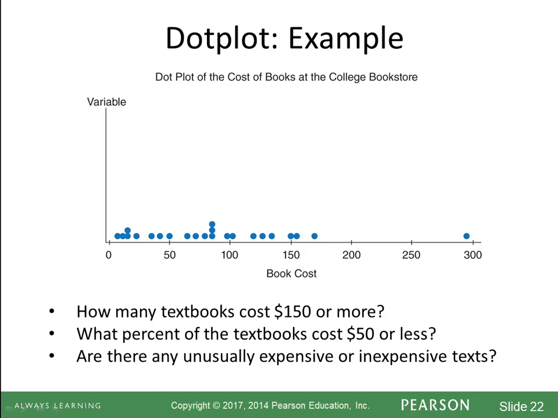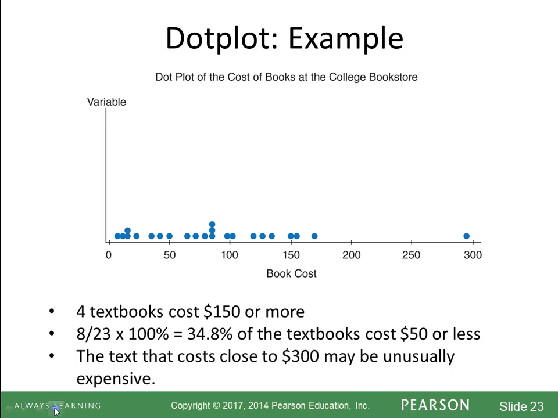Count up these dots, 1, 2, 3, 4, 5, 6, 7, 8, divided by how many we have, times 100. Are there any unusually expensive or inexpensive textbooks? Well, this one textbook that's almost $300 is kind of unusual. Art textbooks are very expensive because of the printing.